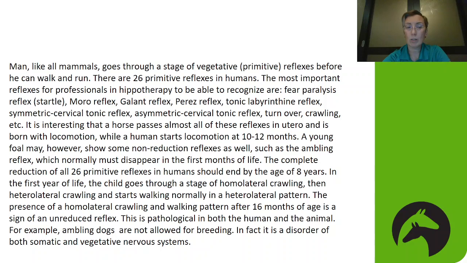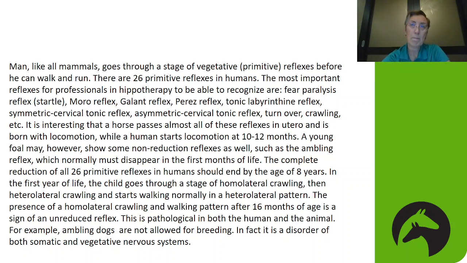A young horse may, however, show some non-reduced reflexes as well, such as ambling. So ambling is a reflex, which normally must disappear in the first month of life of this young horse. The complete reduction of all 26 primitive reflexes in our human body should end by the age of 8 years.